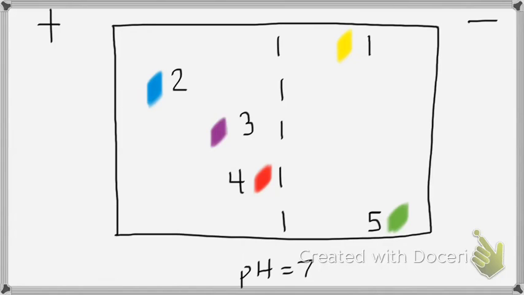Good job. Why'd you pick number 4? It's in the middle. It didn't move very far. See, my black lines indicate where they started. And it didn't move very far. That means it didn't have very much charge. If you are close to the isoelectric point of a protein, it won't have very much charge, so the electricity will not move it very far.